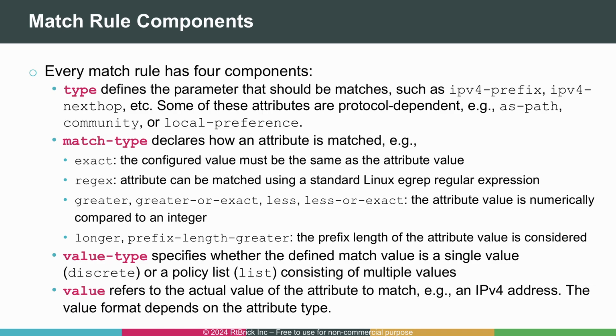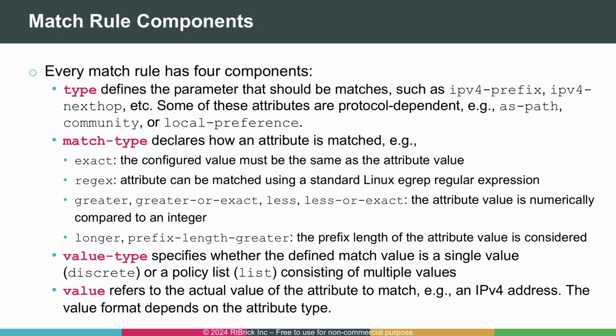Regex lets you use Linux-style regular expressions, which is especially useful when working with communities. For numeric attributes like IGP metrics or local preference, you can use match types like greater, greater or exact, less or exact. And when working with prefixes, there are special match types just for prefix lengths. Third, there's the value type.